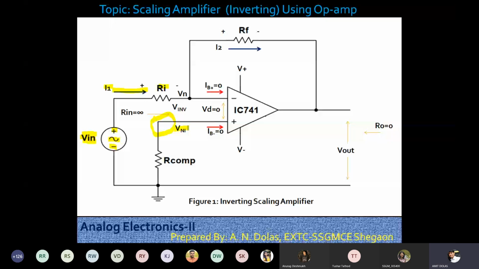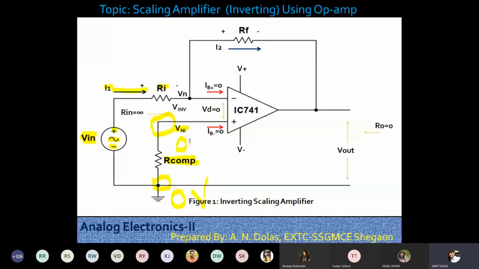You can see this Rcom is connected to the ground here. So the potential at this ground will be, of course, 0 volt. And it is connected here where there is no source. Of course, this non-inverting voltage is also 0 volt.